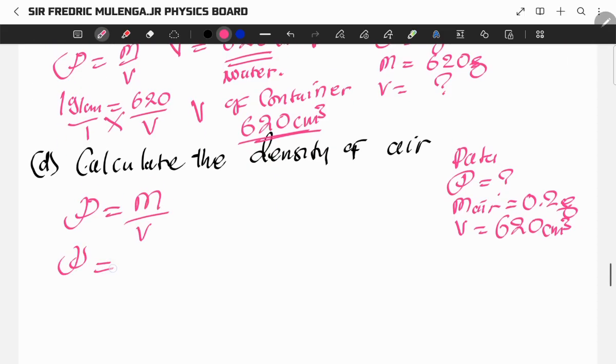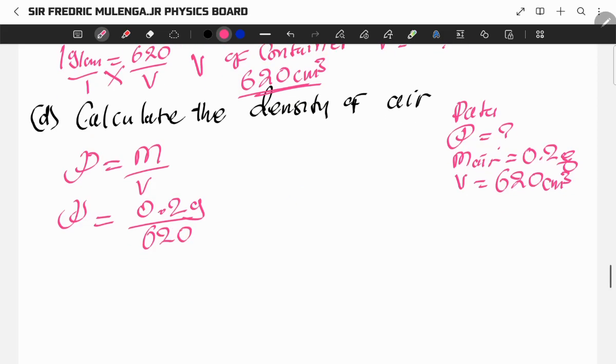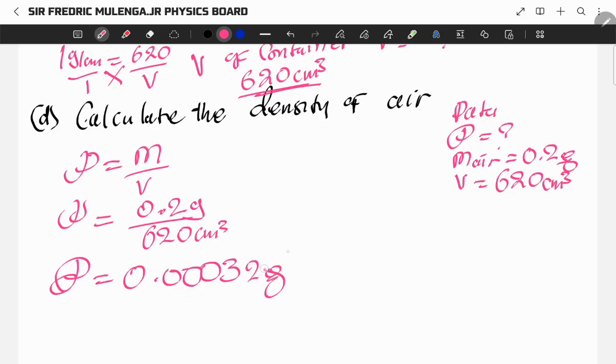So we'll just bring our formula here, that over that. This is going to be 0.2 grams over 620 centimeter cubic. So the density of air is just going to be 0.00032 grams per centimeter cubic.